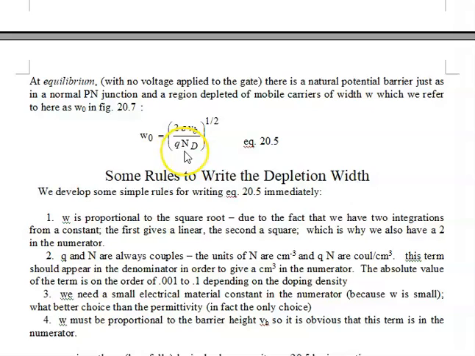Q and N, in this case donor doped, are always coupled together because this is coulombs per cubic centimeter, and if we separated those, we'd be in a nonsensical situation. So Q and doping density are always multiplied together.